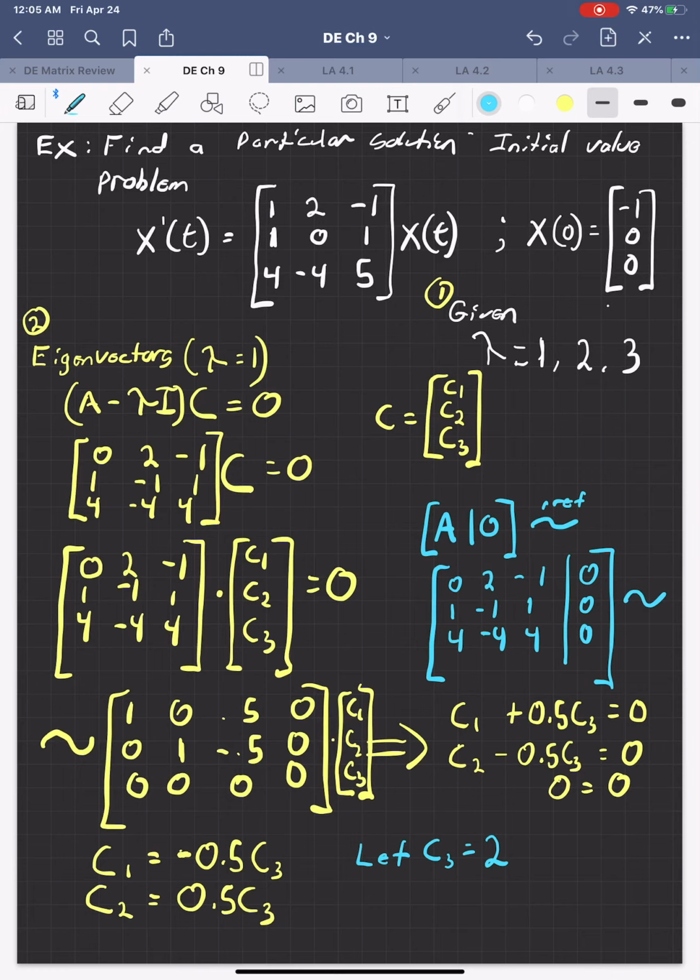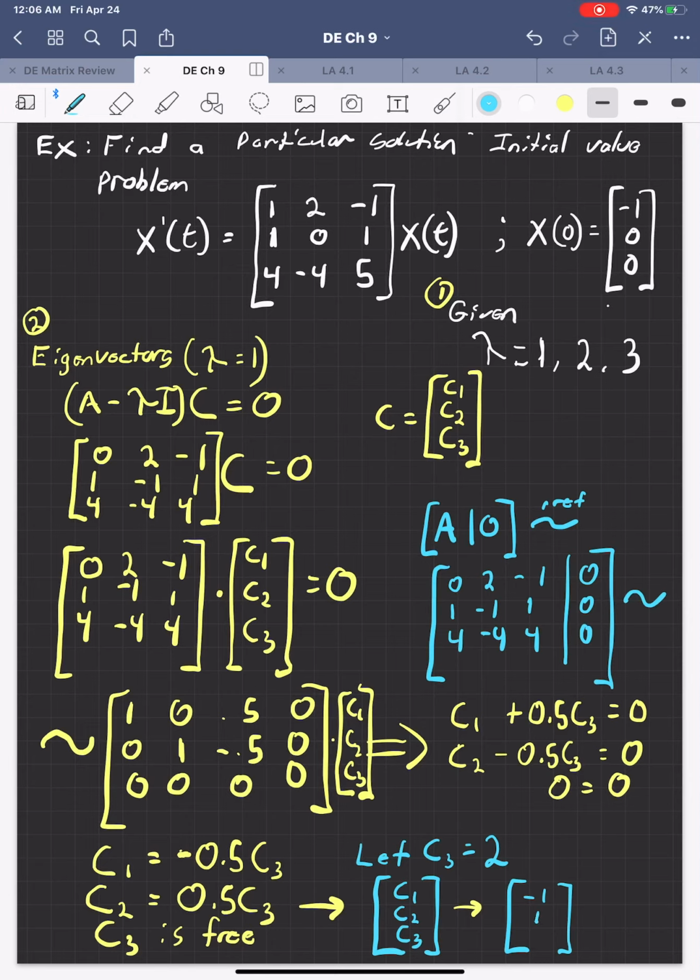So let's take a look at the form of our eigenvector. C sub 1, C sub 2, C sub 3, where C sub 3 here is free. Letting C sub 3 equal 2, let's form our vector. Negative half of 2 would be negative 1.